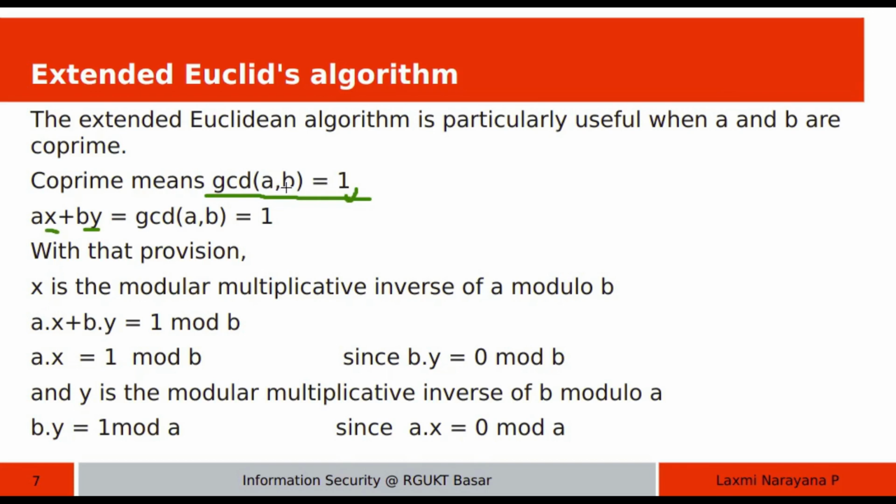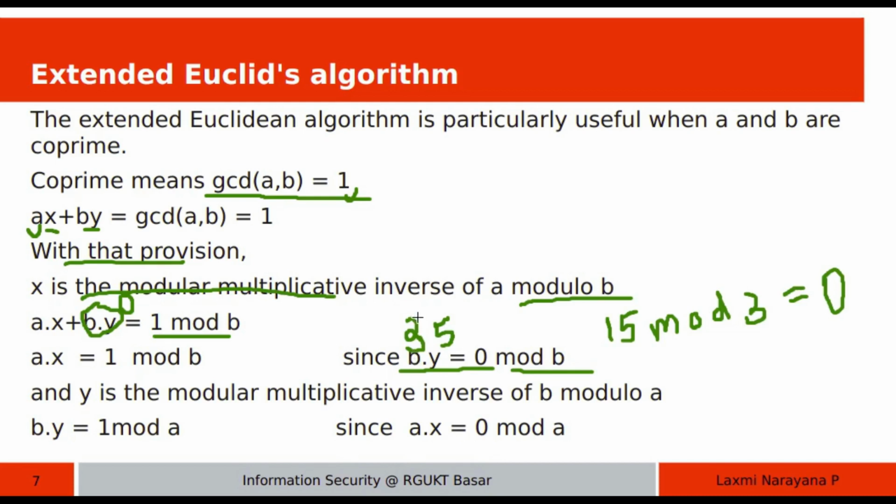If GCD of a, b equal to 1, then there exist two integers x and y such that ax plus by equal to GCD of a, b equal to 1. With this provision, x is the modular multiplicative inverse of a over modulo b. a into x plus by equal to 1 mod b. This by becomes 0 because b equals 0 in modulo b arithmetic.